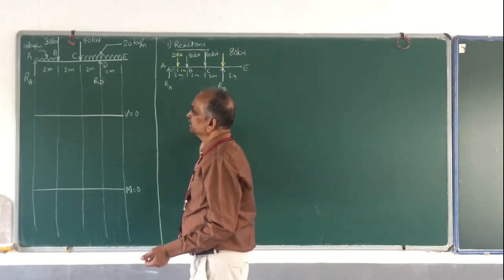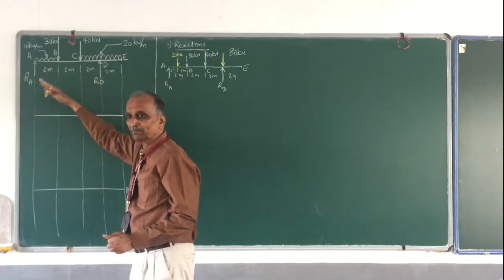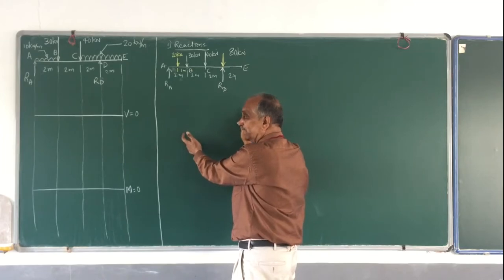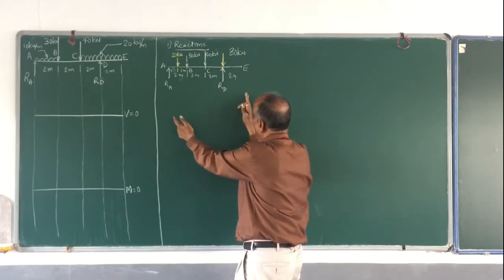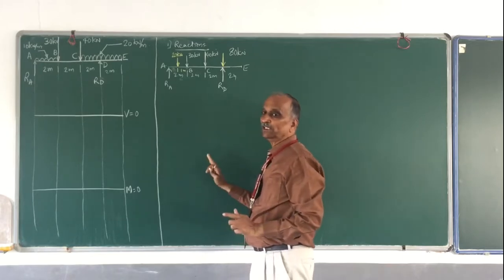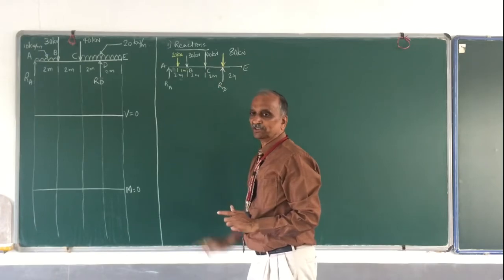Once I start the bending moment and shear force analysis, then I shall go back to the original diagram. Please do not continue this as your final beam, and don't draw the bending moment and shear force diagram for this. If you draw it, then you will end up with the wrong result. It is only for calculating reactions.